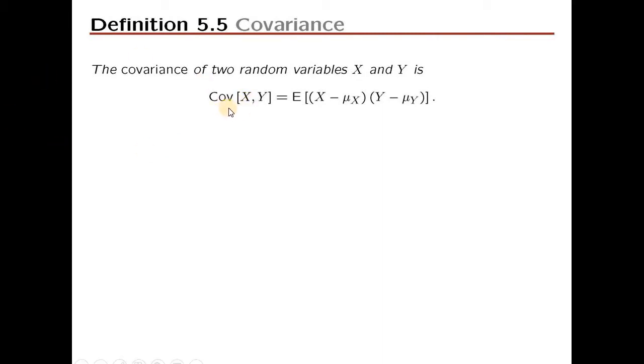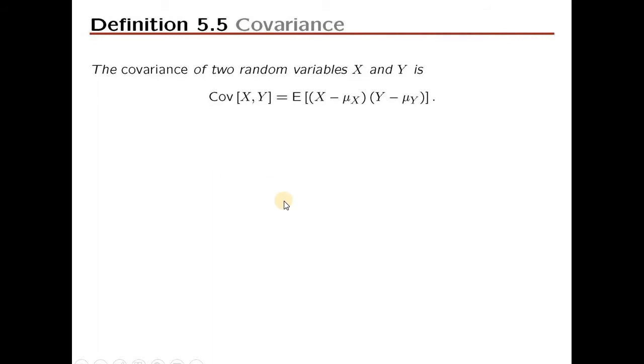The mathematical representation is: you use capital COV, and in square brackets you put those two random variables, x and y, which is equal to the expected value of x minus mu of x times y minus mu of y.